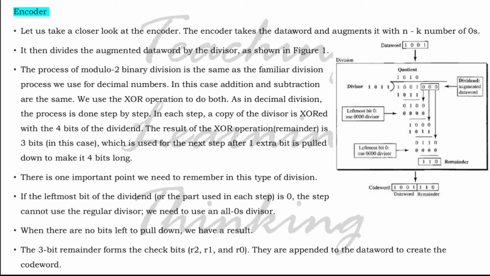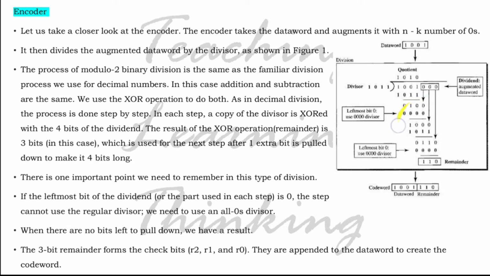So why are we getting this 1011 here? The quotient decides it, so we need to multiply. Another point we need to make sure of is that in this division, if the leftmost bit of the dividend part used in each step is 0, the step cannot use the regular divisor, we need to use an all-0 divisor.